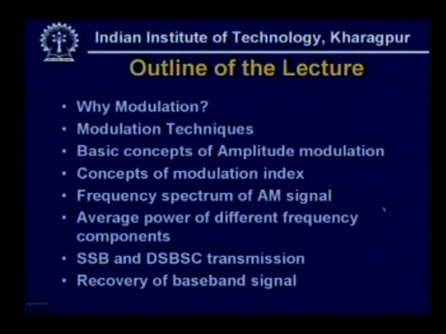Then you will see there is a concept called modulation index which will be introduced to you, and we shall consider the frequency spectrum of the AM signal, and the average power of different frequency components. Whenever a signal is amplitude modulated, it generates different frequency components, and we shall consider the average power of these components.